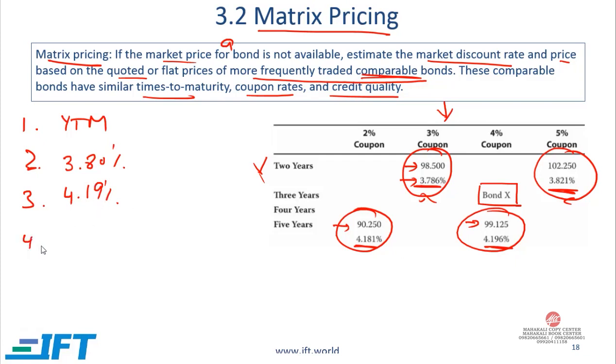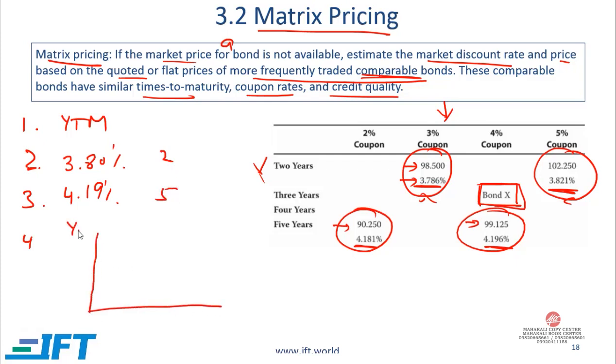The next thing to do is linear interpolation, and you studied this in statistics. Let me just explain what's going on. We want the yield for a 3-year bond, but we have the yields for 2-year bonds and 5-year bonds. So here is what's going on.